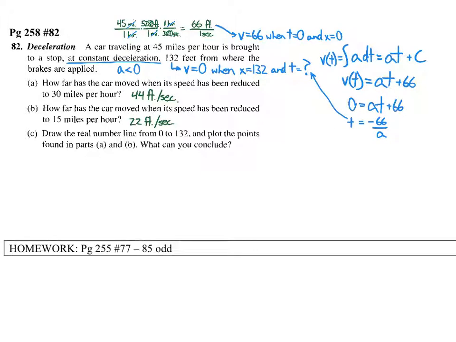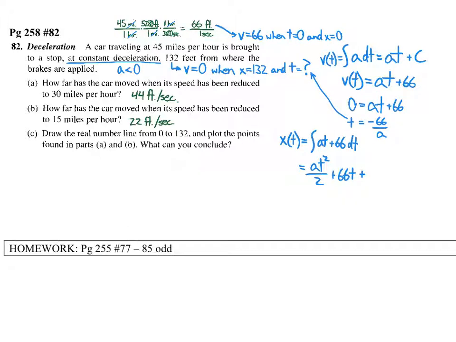Let's keep going, because we know x is 132 at that time. So let's come up with an expression for, or a function for x. X of t, if x is our distance from when we hit the brakes, that's going to be the integral of the velocity. So the integral of at plus 66 dt is at squared over 2 plus 66t plus the constant.